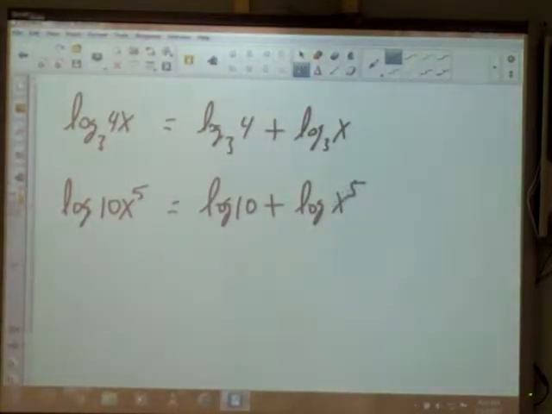Now I've got a power. So this piece is the power property. The reason I like to do it this way in multiple steps is so you make sure and see that that power is only on one piece. So that power comes down in front, but it only comes down in front of the piece that it's with. So keep that log 10 over here on the left, plus, now we bring that power down, so that's 5 log x.